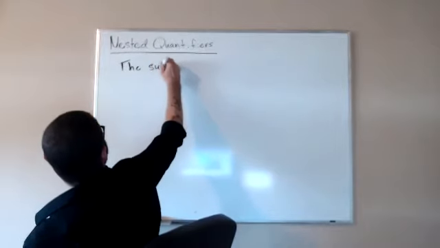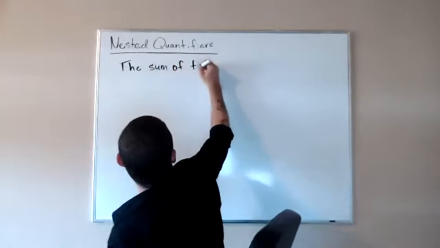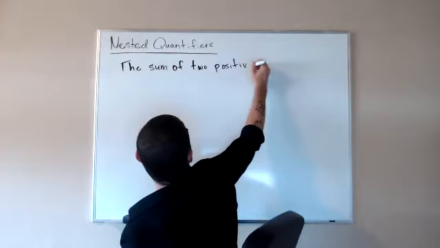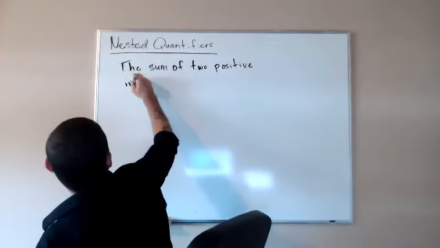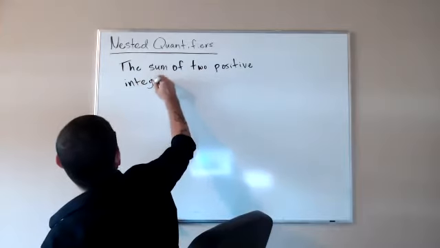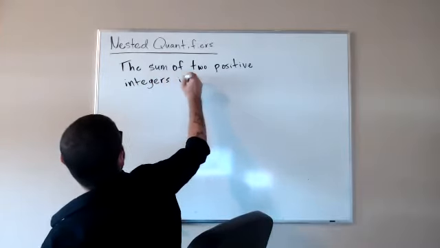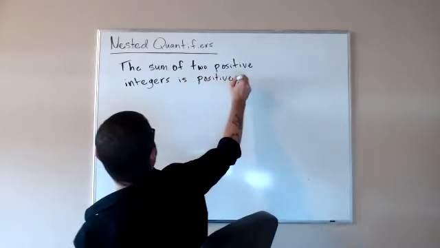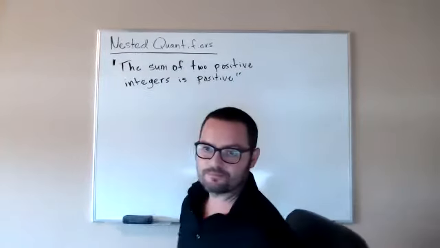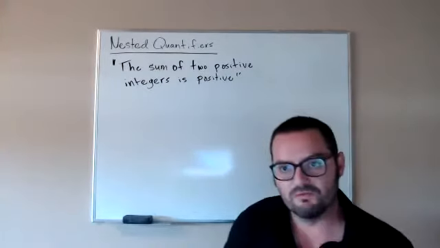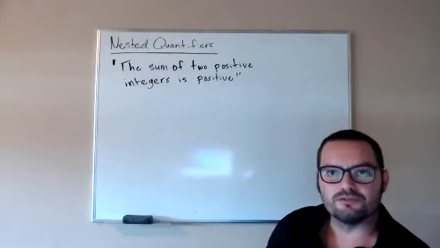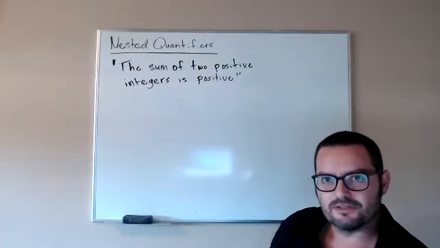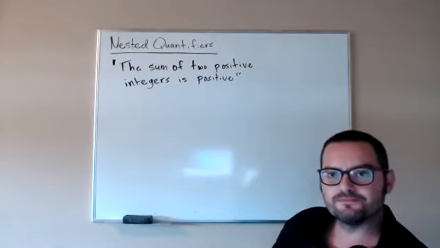The sum of two positive integers is positive. So there's a mathematical statement, and we wish to translate that into a logical expression. Anybody have any ideas as to what I should write as the translation?